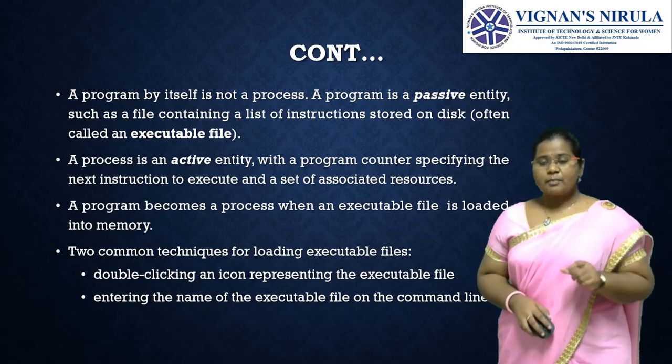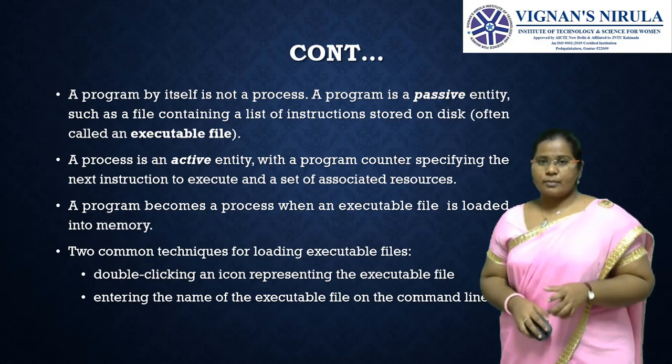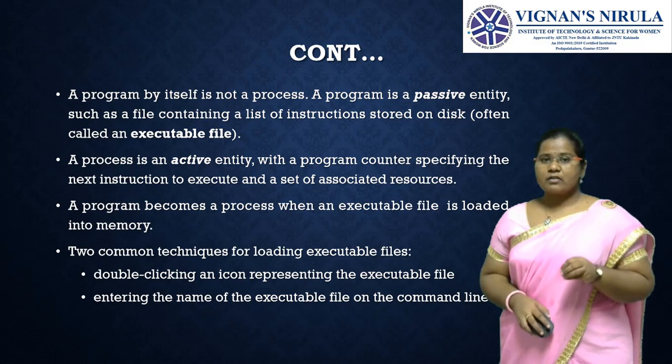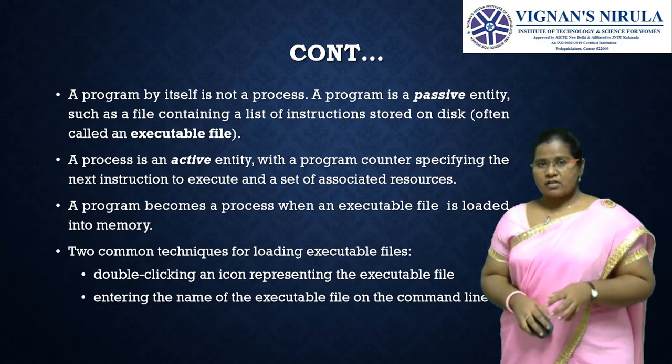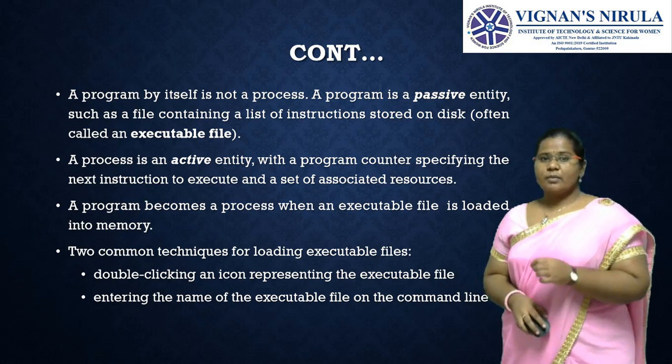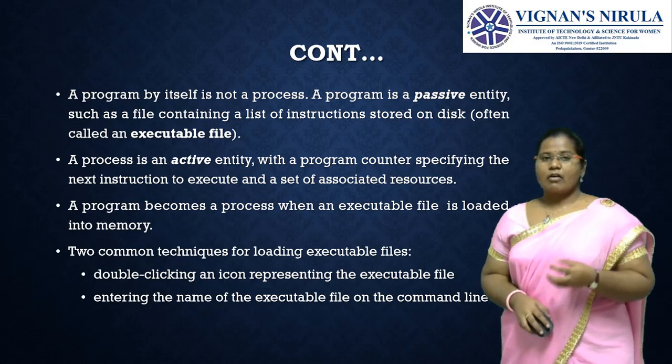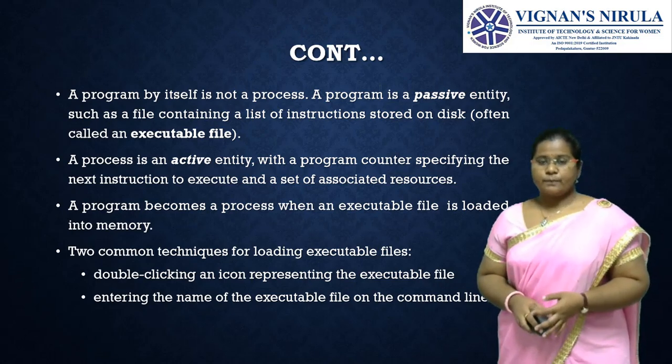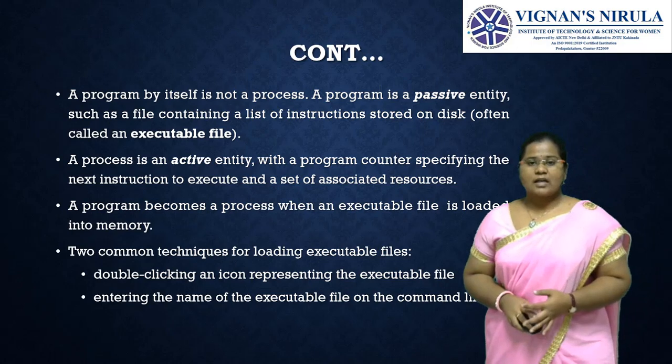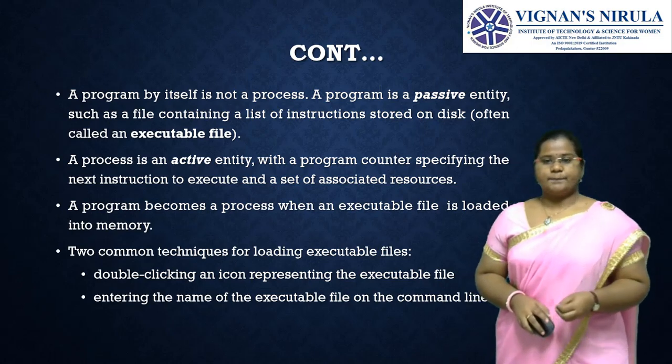From the point where this file is loaded into the main memory, the program is called a process, and from there you will be able to see the output according to the program written by you. So that's why we call a process an active entity.